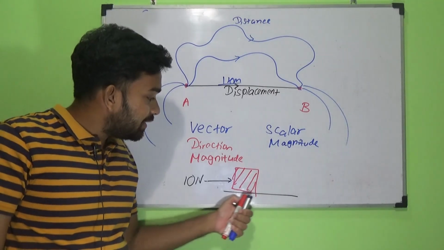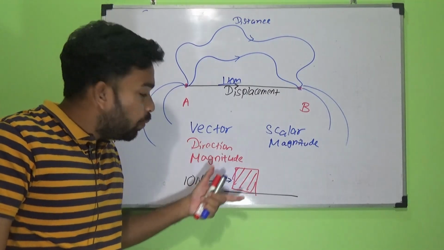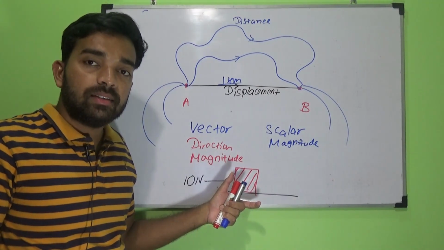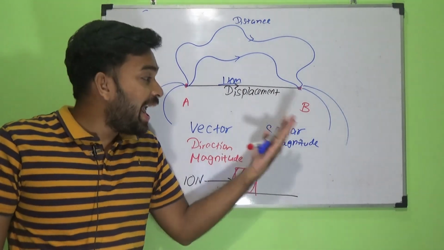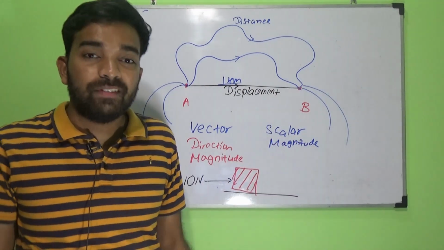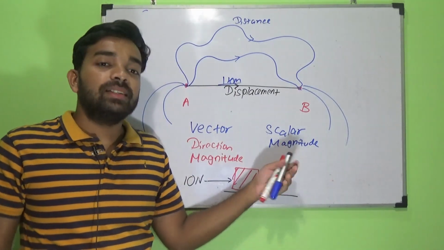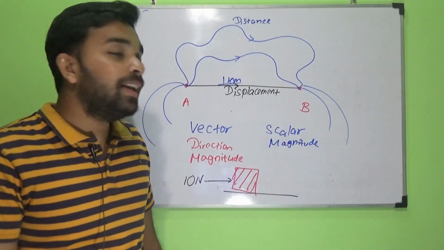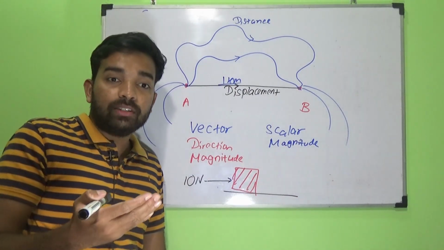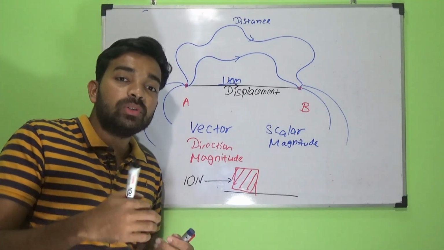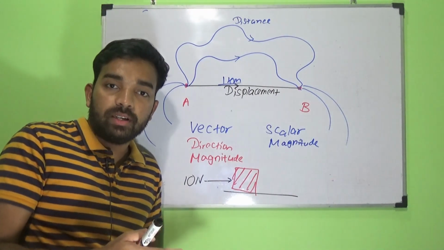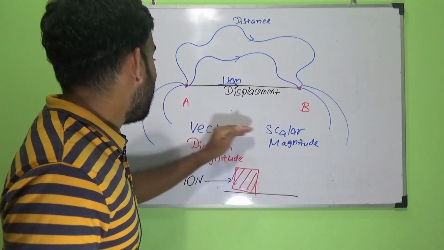So these things are considered as vector quantities. When it comes to scalar quantities, we don't have a direction. We just only have a magnitude. Time is a scalar quantity. Do time has a direction, right? When someone asks you, what is the time now? Do you say it with a direction? No, right? The vector quantities and scalar quantities.